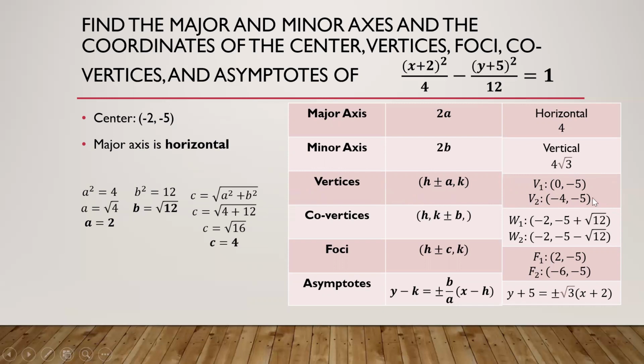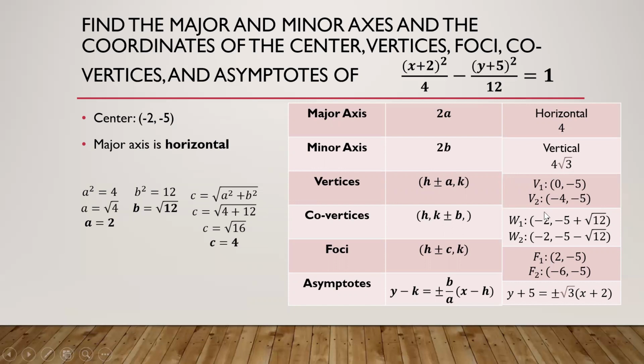For our co-vertices, it's h, comma k plus b. So h is -2, so we just copy that. And for our k, it's -5, so plus b, which is the square root of 12. We can just simply leave it at that.